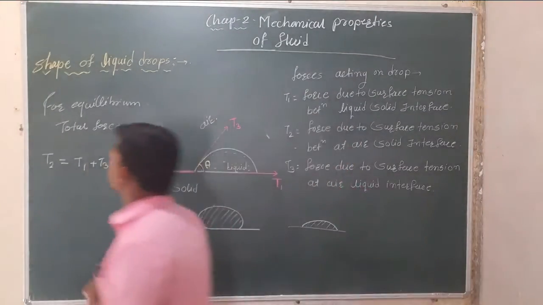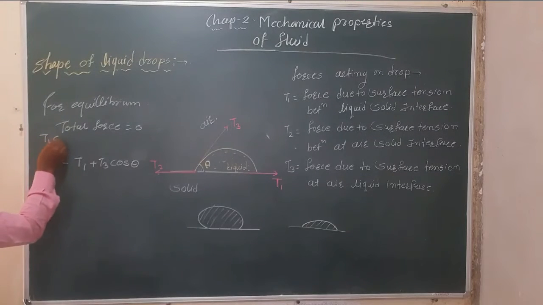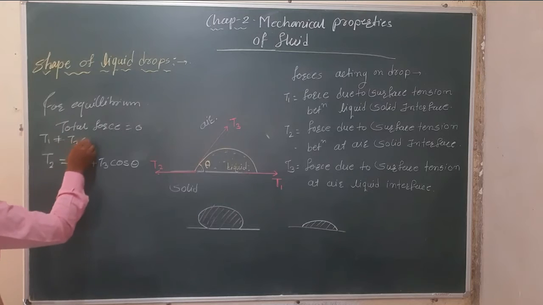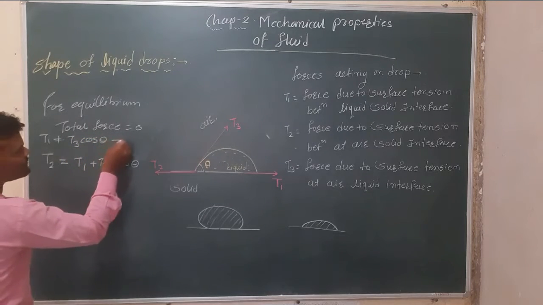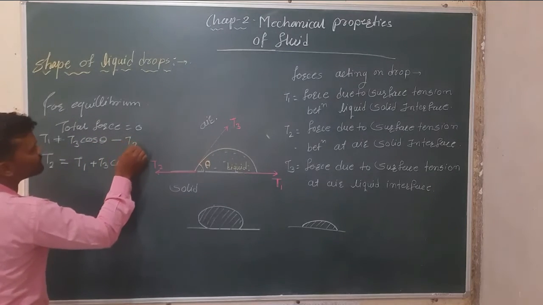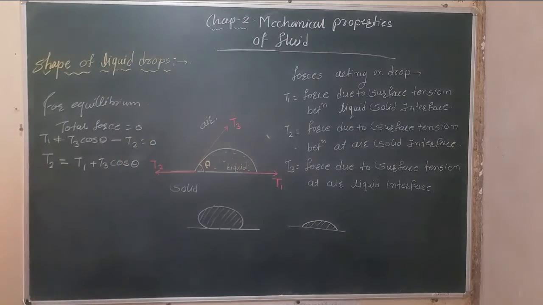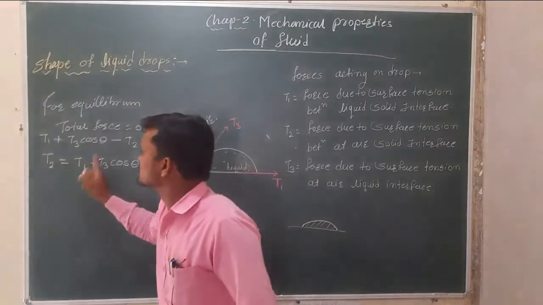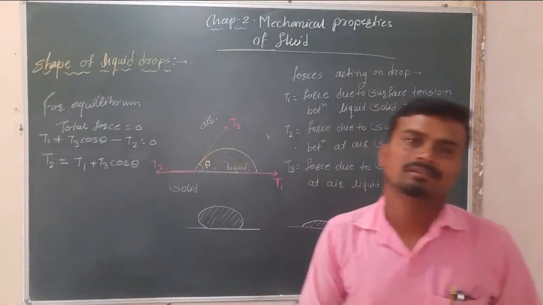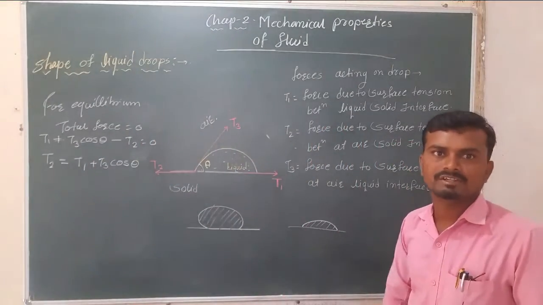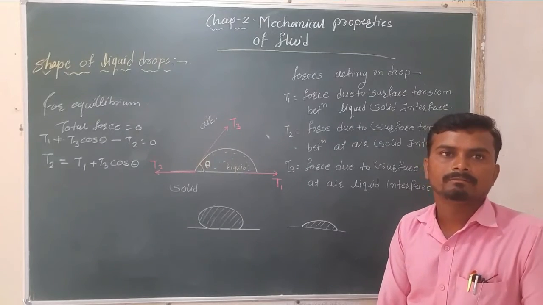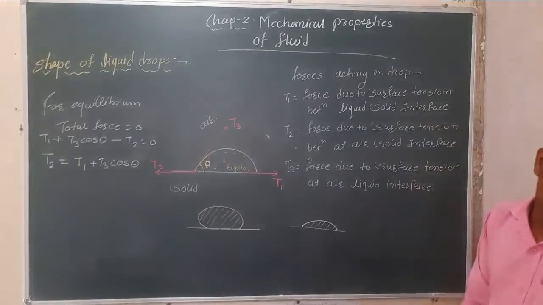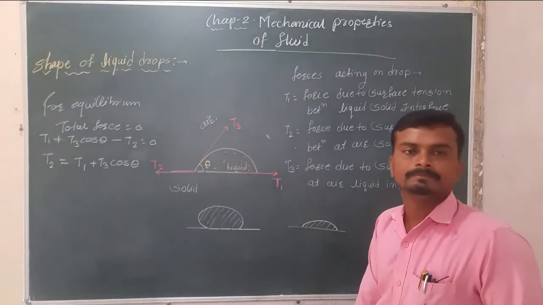And I get the equation T1 plus T3 cos theta minus T2 is equal to 0, and by rearranging that equation I can write T2 is equal to T1 plus T3 cos theta.